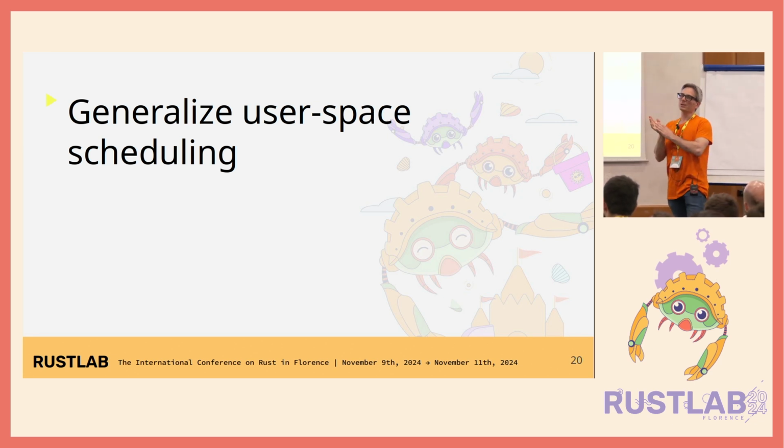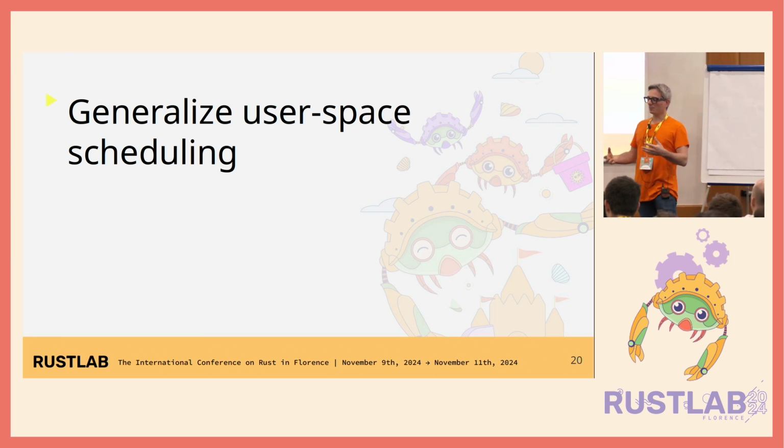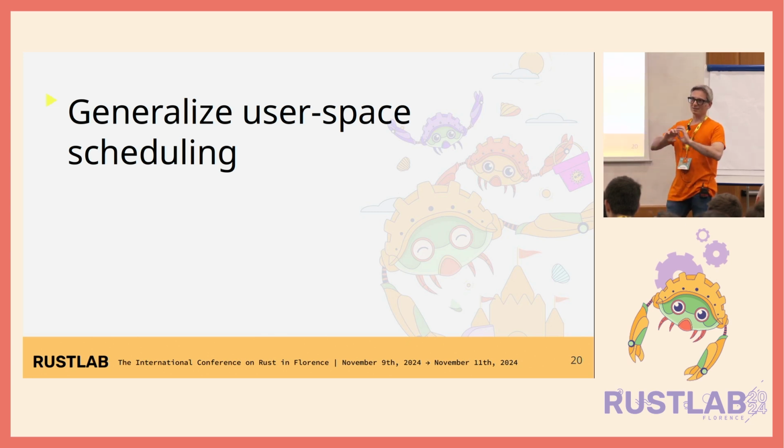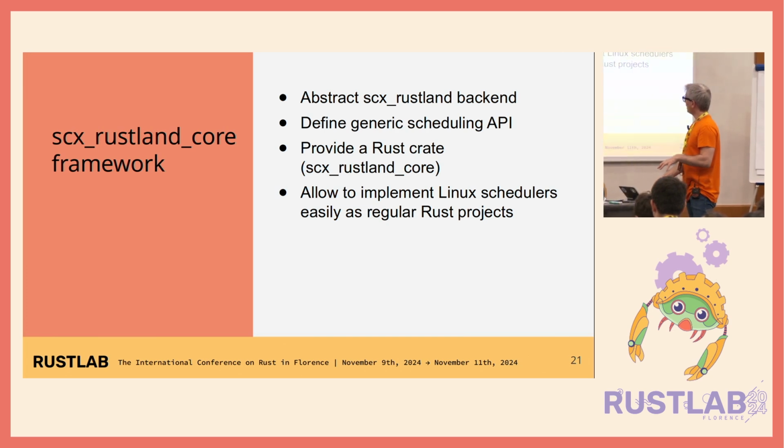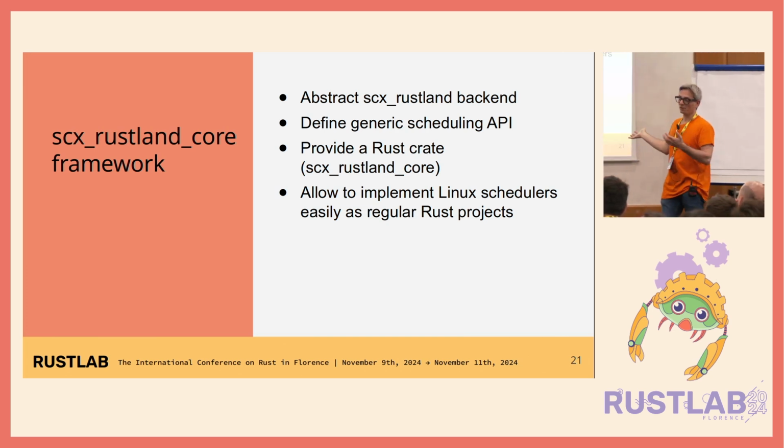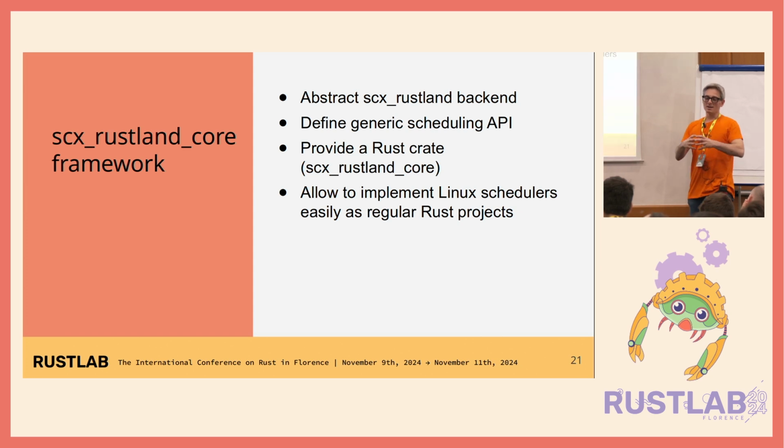But then I was like, okay, let's exploit the fact that we are basically in Rust, and let's try to provide some abstractions to this framework. I extracted the logic of the scheduler and the backend of the scheduler into separate projects. I created a crate called sched-ext rustland core, which is the backend of rustland.